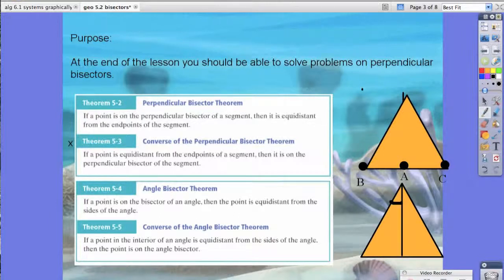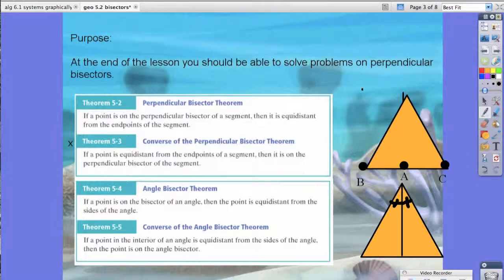Therefore, this angle and this angle are congruent. Now it says there, if there is a point that is on the bisector of an angle, then the point is equidistant from the sides of the angle.